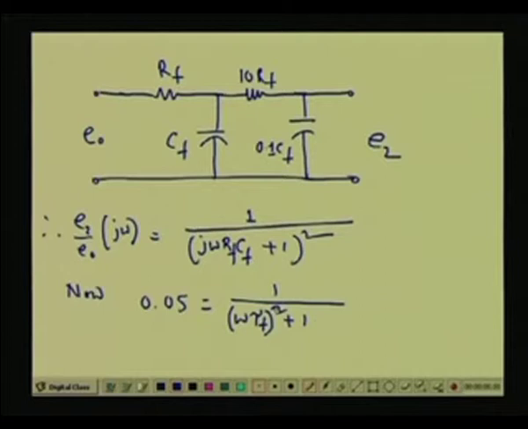So, tau f will come up as 0.0000731 second, right.